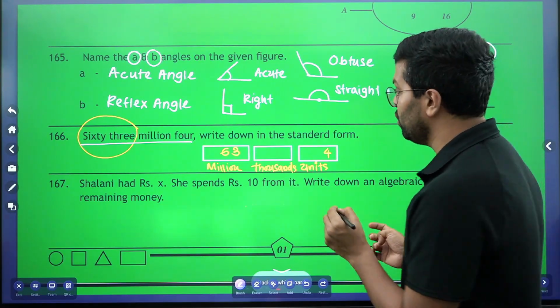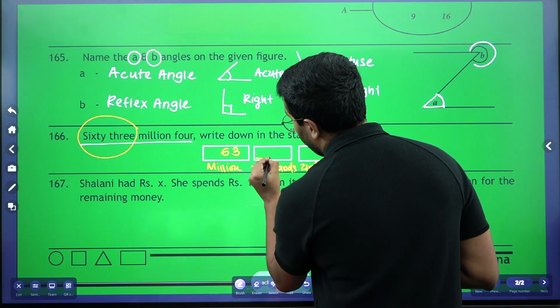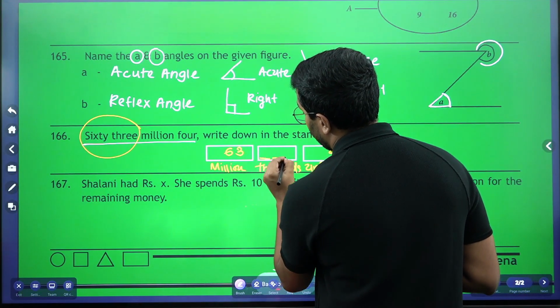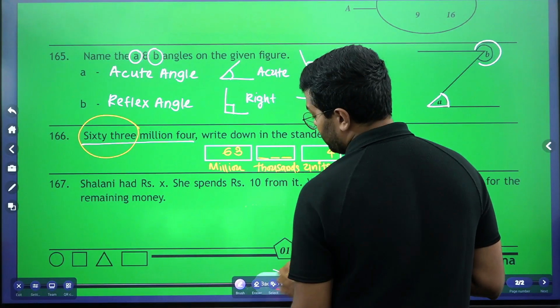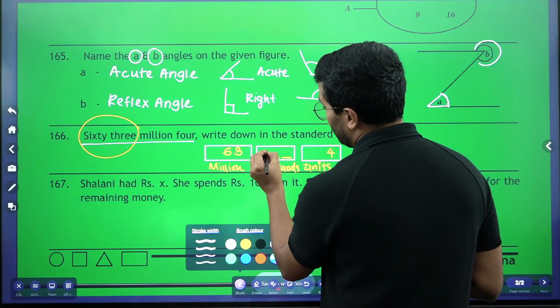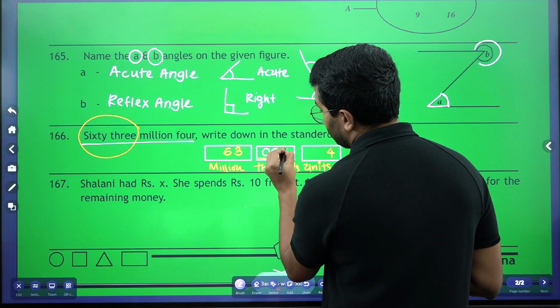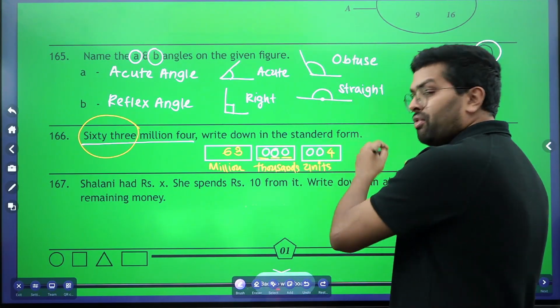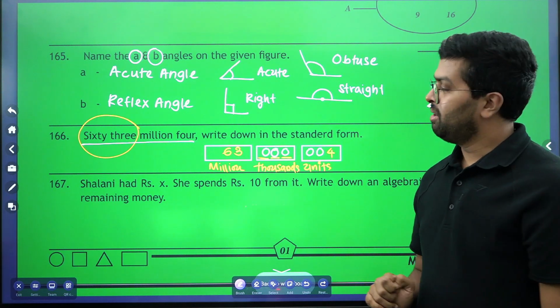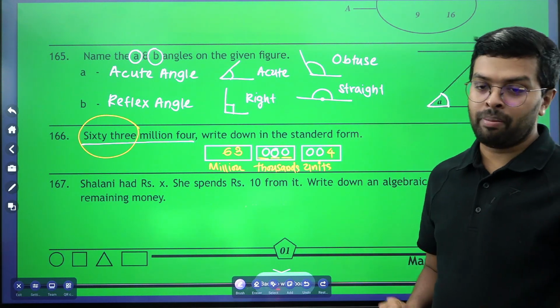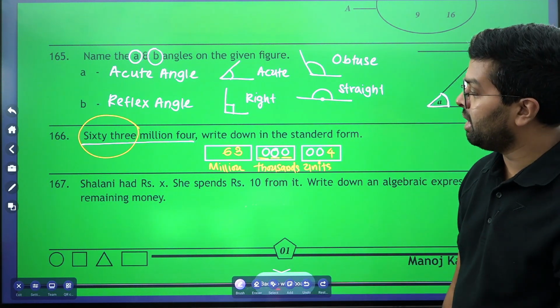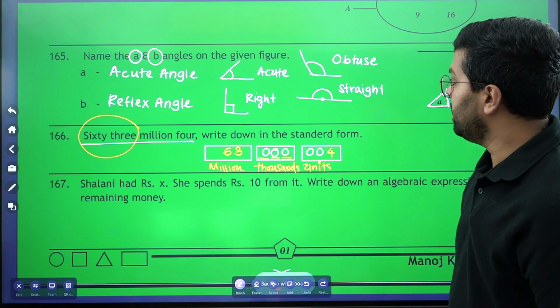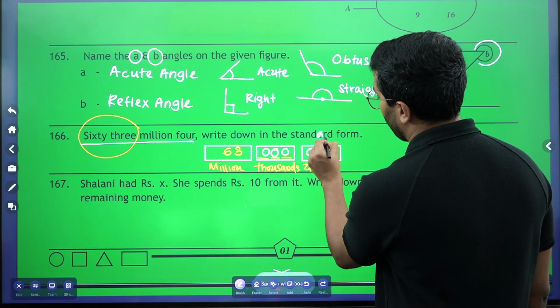So on the thousands period, on the 3 spaces, we have to put 3 zeros, right? 63 million 004. Some people get this wrong, so have a careful look. So 63 million 4, written in standard form.